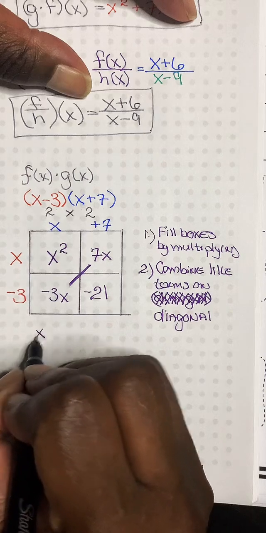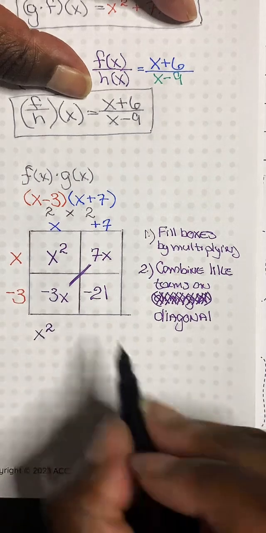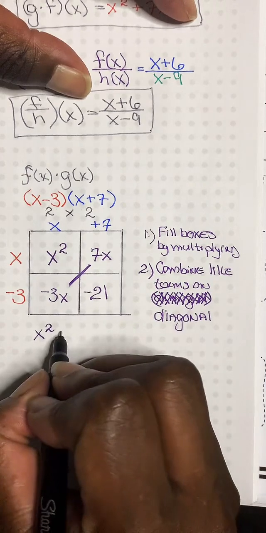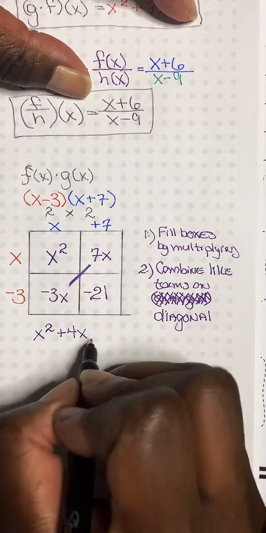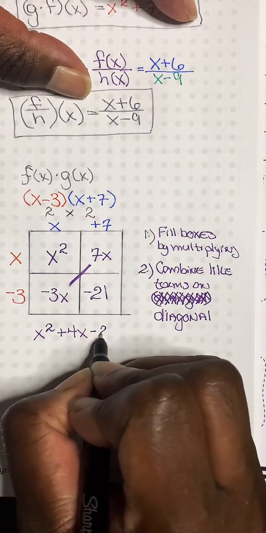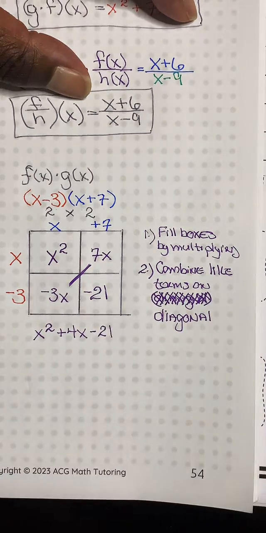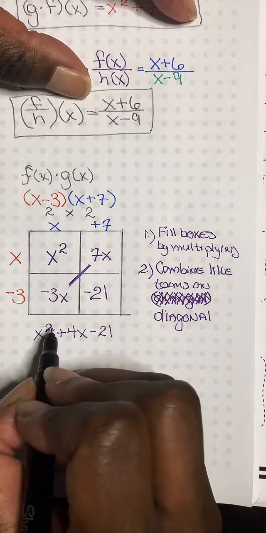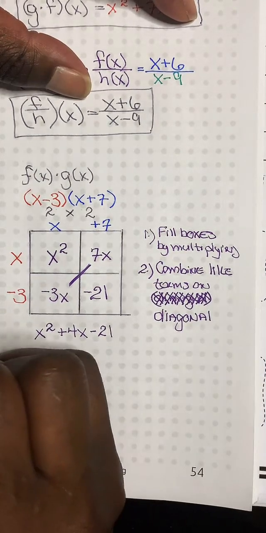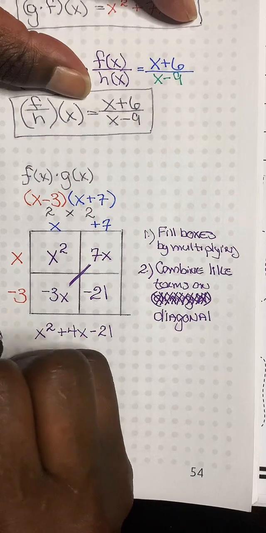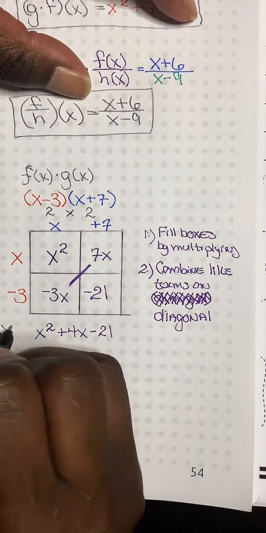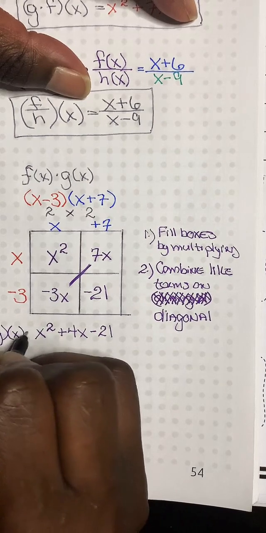So that's coming down. Then I combined, I got my positive 4x. Then I bring down my negative 21. Okay. This is my answer for the f times g of x.